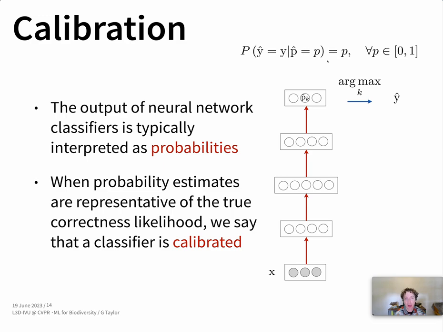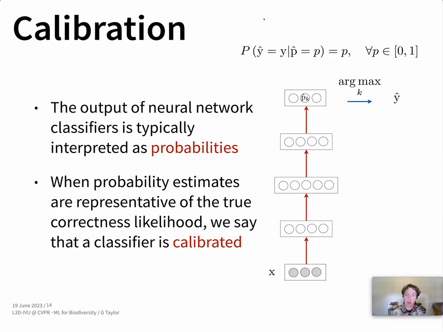When we output that we believe a prediction is assigned to a particular class with a particular probability, we would expect that on average we're accurate with that same probability. For example, given 100 predictions, each with confidence, or maximum valued softmax, of 0.8, we would expect that 80 of those 100 should be correctly classified. If that is true, then we would say we have a calibrated classifier.